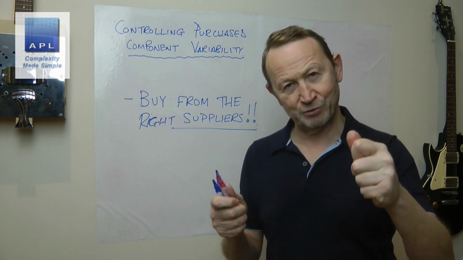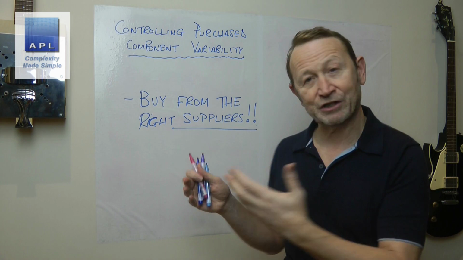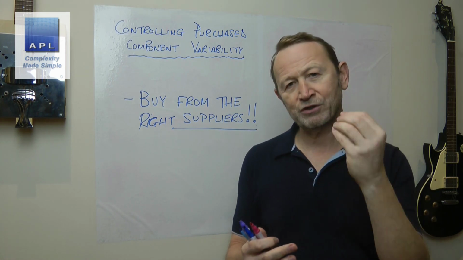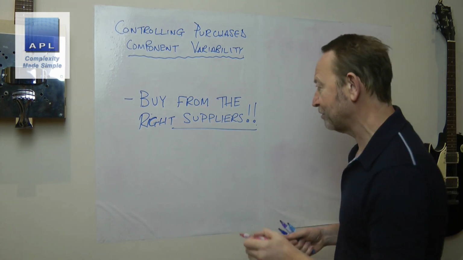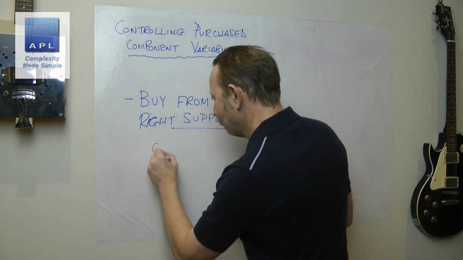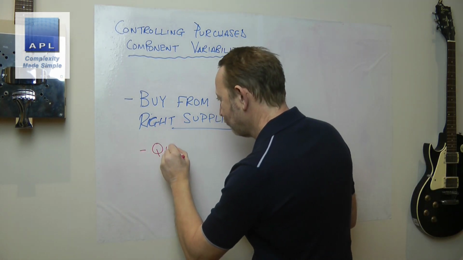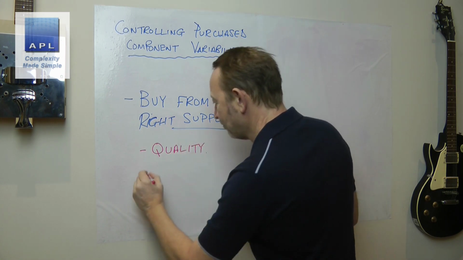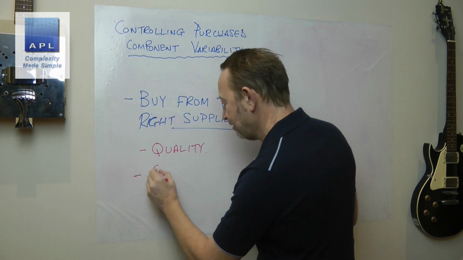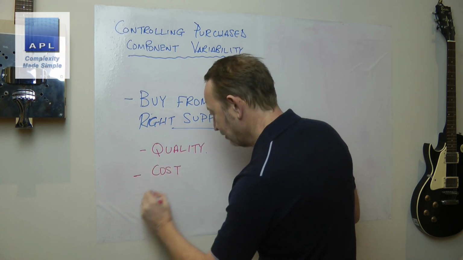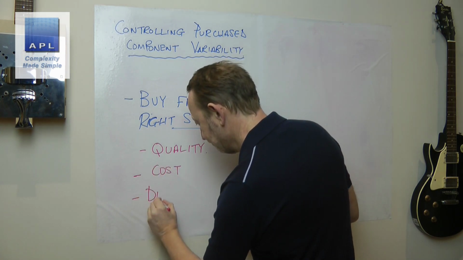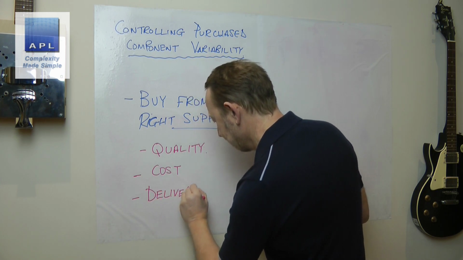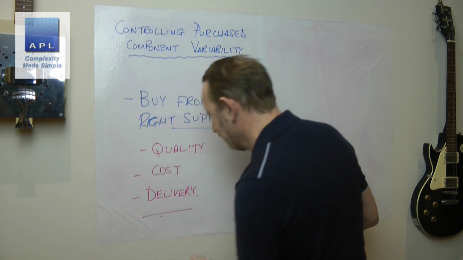I want to use this little example. It seems like a simple answer to the problem, but I want to use this simple question to restate the three things that you're looking for from a supplier: quality, cost, delivery.